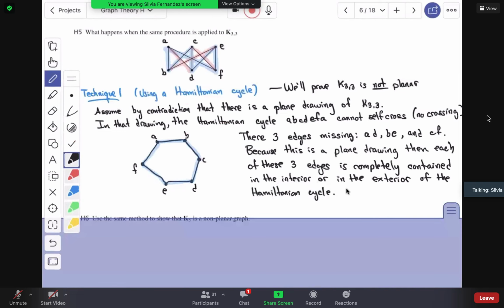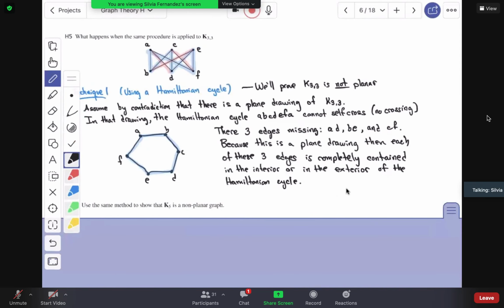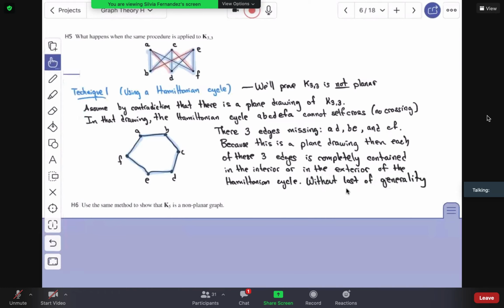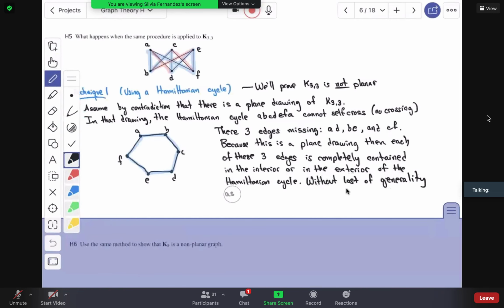And then, without loss of generality, you can assume that one of those edges is in the interior, and then you can play with the others, or in the exterior. So without loss of generality, assume AD is in the interior.